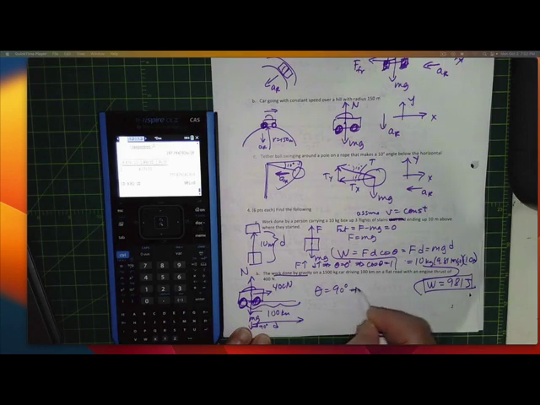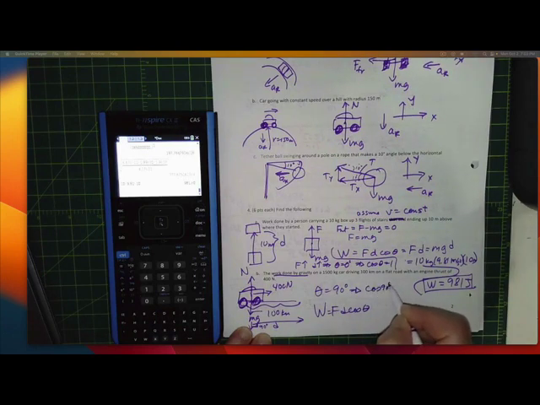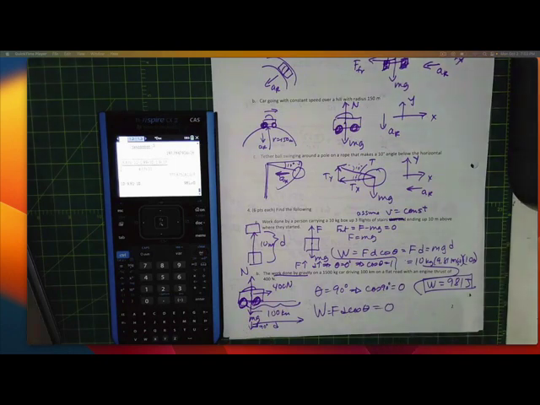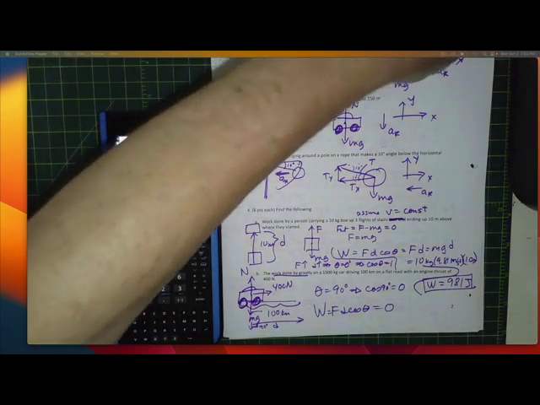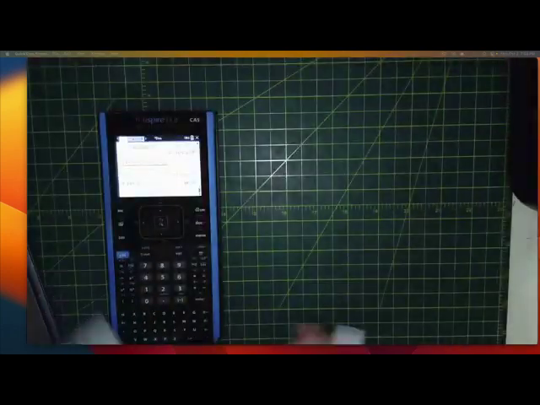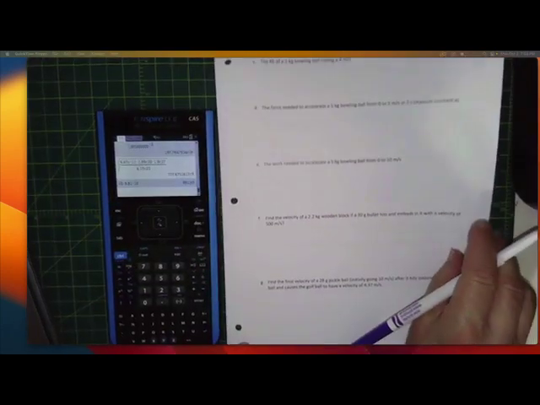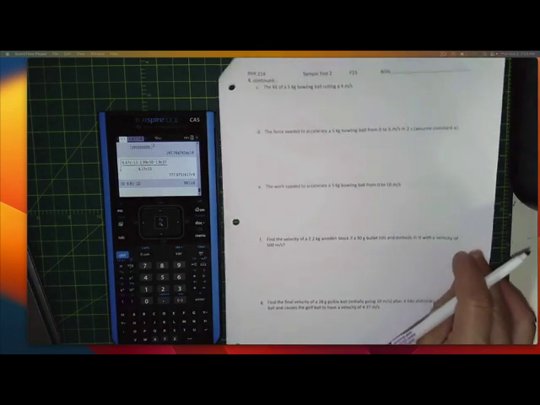Work, of course, remember, is F d cosine theta. But theta is 90 degrees, so cosine 90 degrees is 0. So the work is 0. The force is perpendicular to the displacement, so no work is done by gravity. The thrust, on the other hand, would have work, but that's not what it asks for.